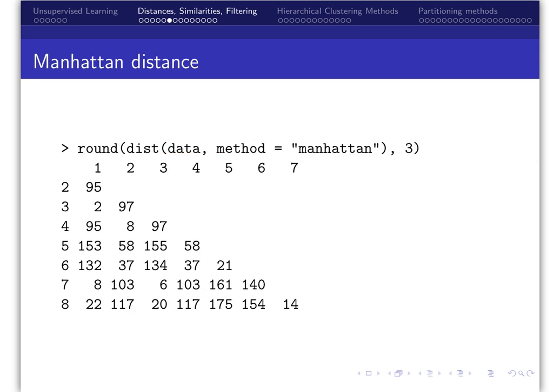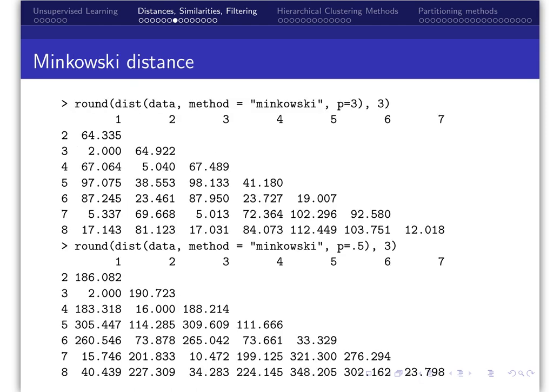Changing the method parameter in the dist function to Manhattan, the Manhattan distance between observations 1 and 2 is 95, the Manhattan distance between observations 1 and 3 is 2, the Manhattan distance between observations 4 and 6 is 37. When the method parameter in the dist function is Minkowski, you additionally need to specify the parameter p.